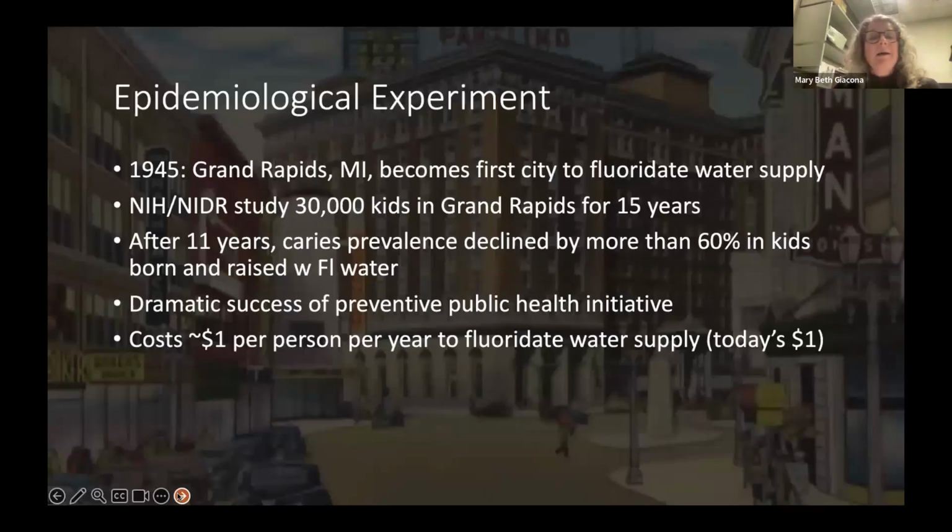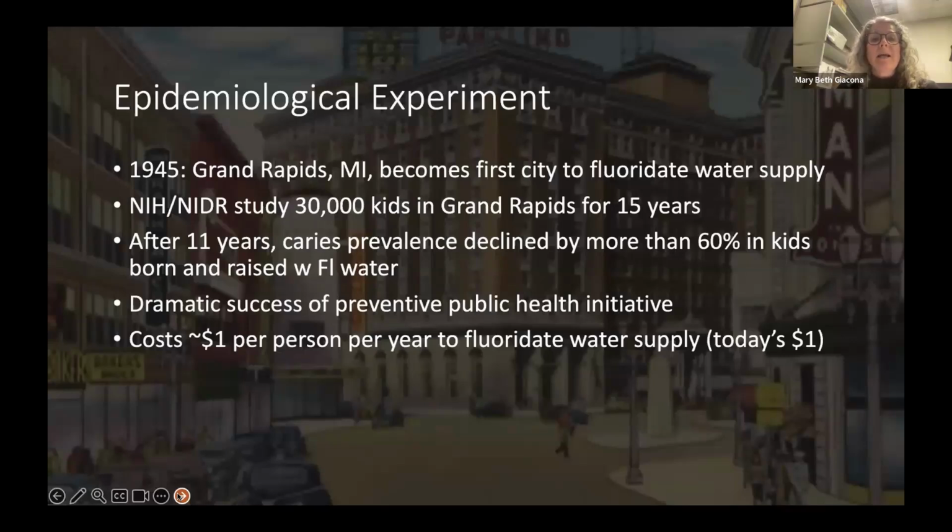So then come the epidemiological experiments. In 1945, Grand Rapids, Michigan became the first city in the world to intentionally fluoridate its water supply. And then the NIH and the National Institute for Dental Research studied over 30,000 children in Grand Rapids and followed them for 15 years.